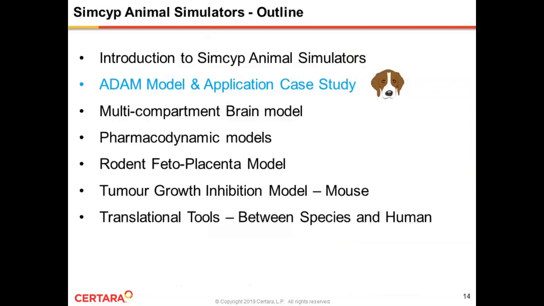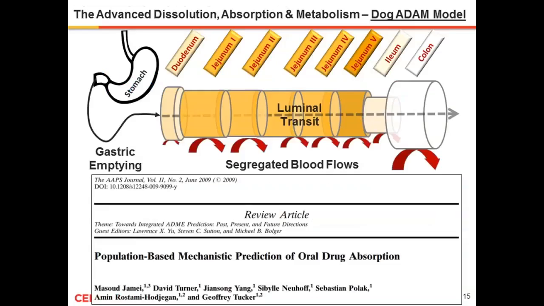So now we move on to explaining in brief what the ADAM model, or what we call the Advanced Dissolution, Absorption and Metabolism model, is, and we'll discuss an application case study in brief in the dog model. As you can see here, the ADAM model divides the GI tract into 9 different compartments, from the stomach to the colon.